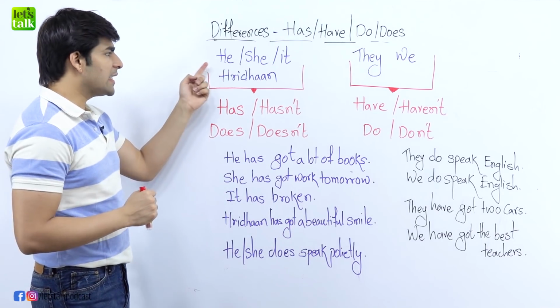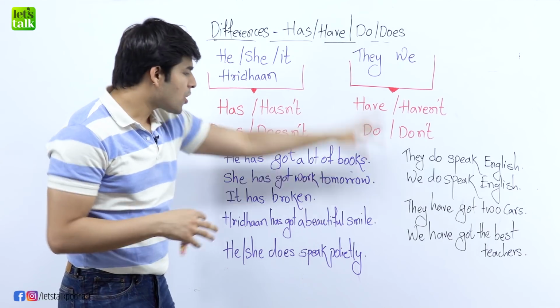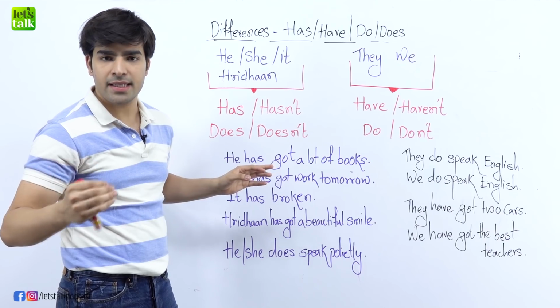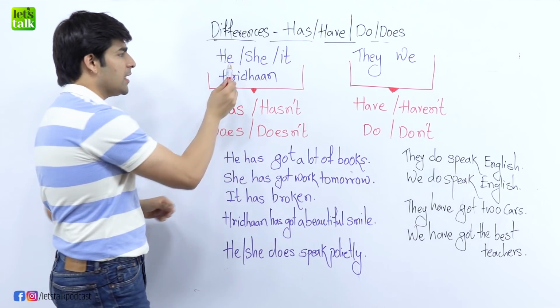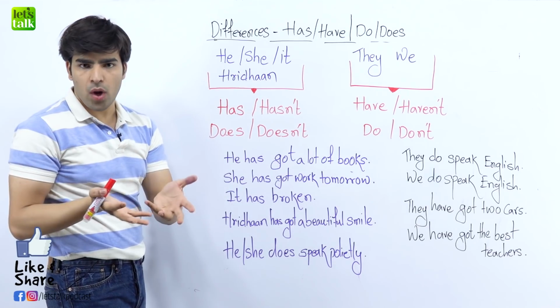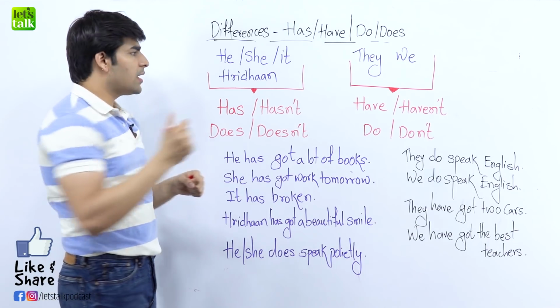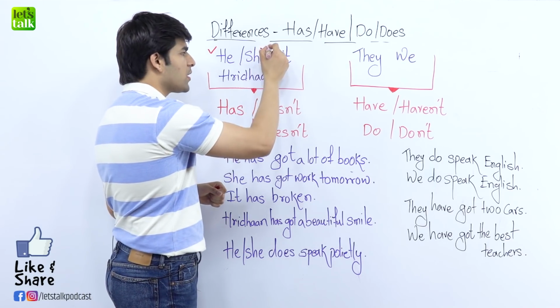Number one is he, she, it, Hridhaan. But hold on. Please do not read the rest of it. Go with me in flow and then you'll be able to understand it better. There are some words that are in one family. He, she, it, Hridhaan are in one family. Because if you see, all of these are single people. He is just one boy. She, one girl.